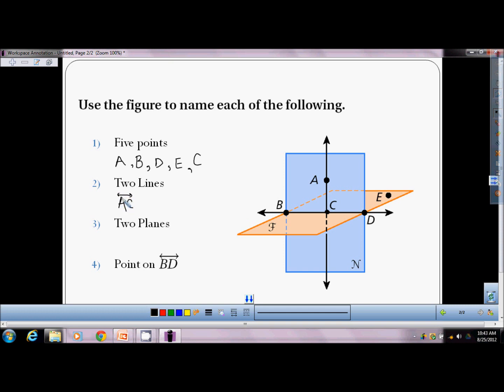If it's a ray, we'll put a ray symbol. If it's a segment, we put a segment symbol, but we'll get to those in the later sections. Another line is right here. Now this line has 3 points, but I only need 2 points to name this line. So you can choose any 2 letters here that you want. I'm going to choose B and D, so I'm going to call it line BD.